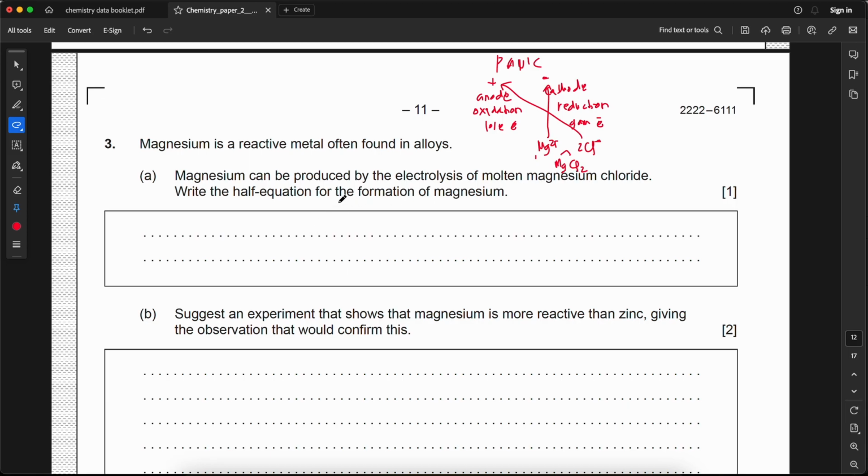Therefore, the half equation for the formation of magnesium, Mg goes to cathode, reduction. Okay, reduction, gaining the electron. So Mg2+ plus 2 electrons produce Mg, because reduction, gaining the electron.